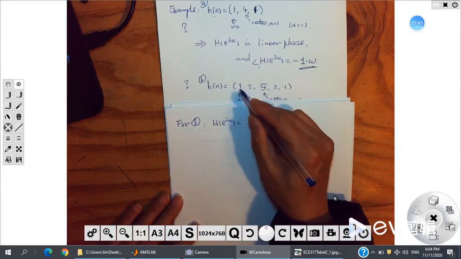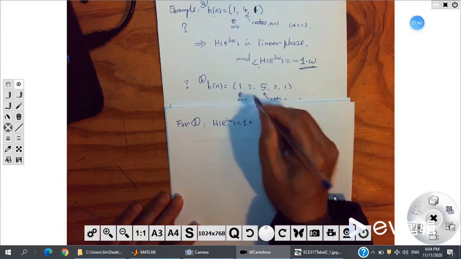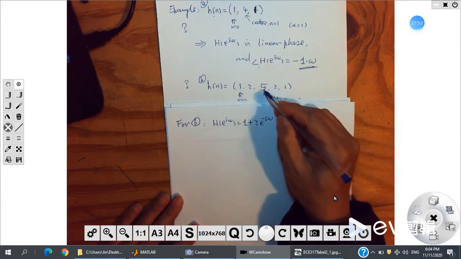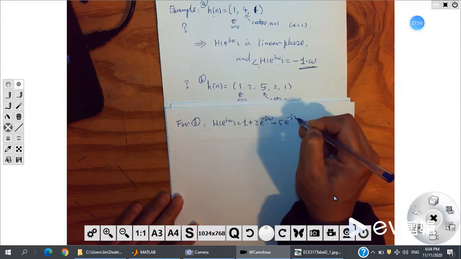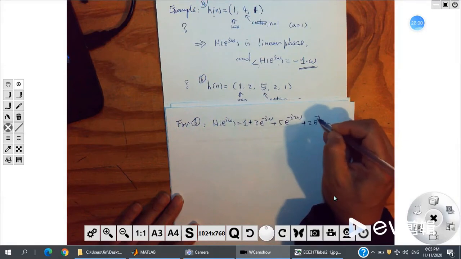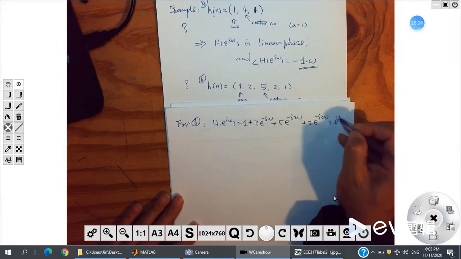So by Fourier transform, it will be 1, plus 2 times e to the negative j omega, plus 5 times e to the negative j 2 omega, and then 2 again, e to the negative j 3 omega, and 1 times e to the negative j 4 omega.